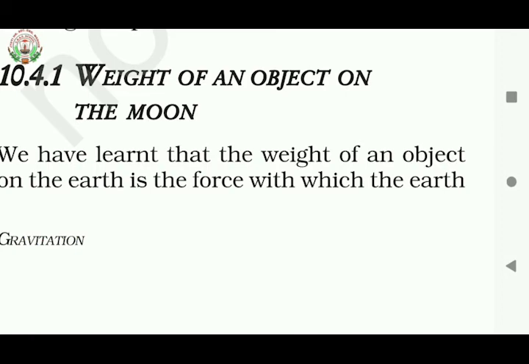For example, suppose the weight of a body to be 6 Newton on earth, then what will be the weight of the same object on the moon? 1/6 of 6 Newton, that is equal to 1 Newton.